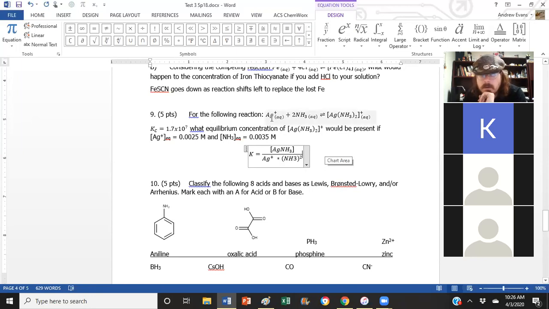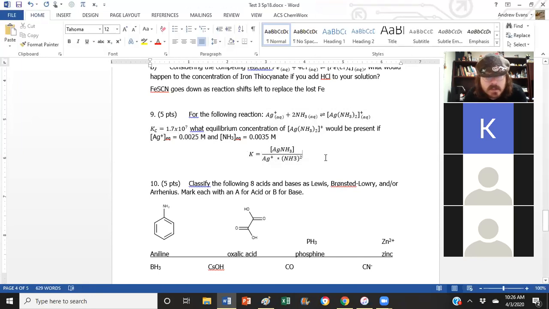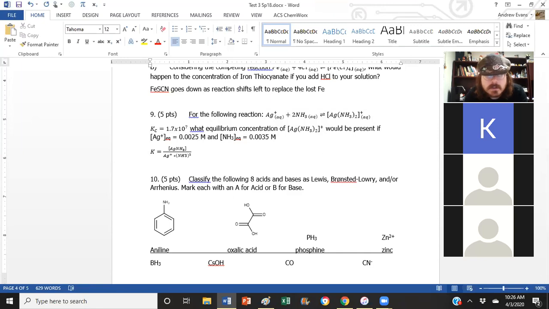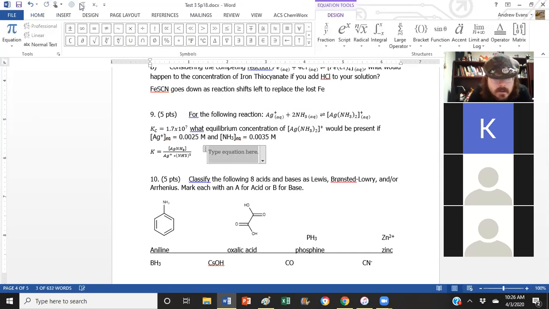So if I have two of these and it's solving for the third and I have the K expression, I literally can just solve for the unknown. So I'm going to reset this. K times my silver times my ammonia squared is equal to my silver ammonia complex.